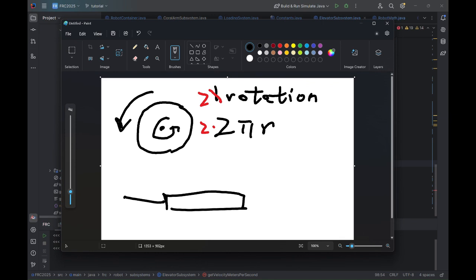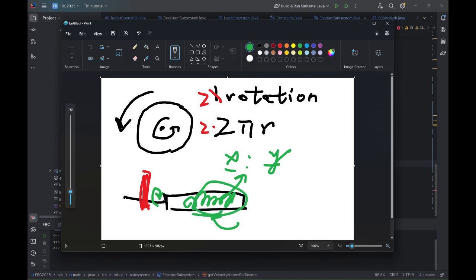If this is a motor and it's attaching to an elevator, every time the axis has turned 1 revolution, the internal gearing will turn whatever the gear ratio is. The reason we are dividing is because the encoder is actually reading that many rotations. So we need to divide that to get this one.